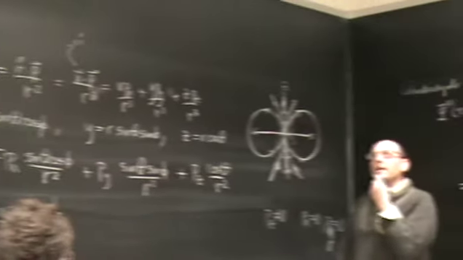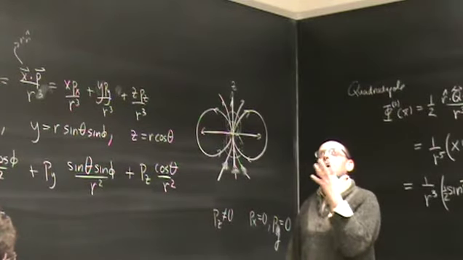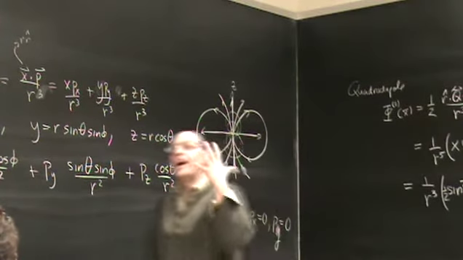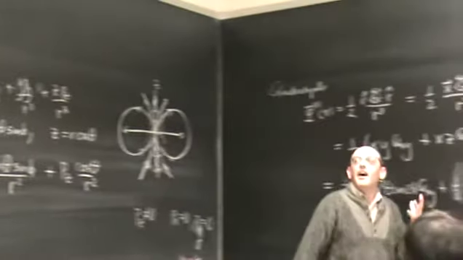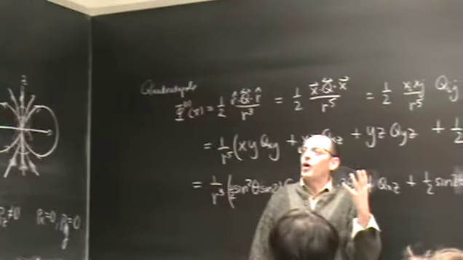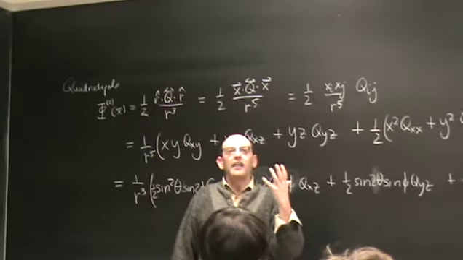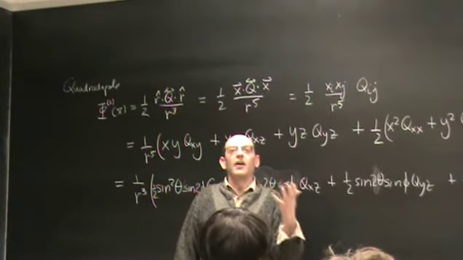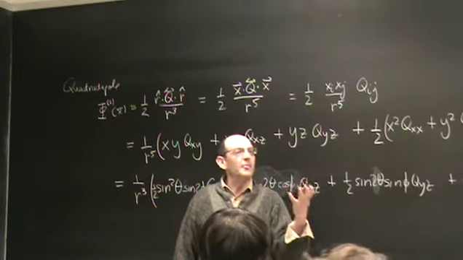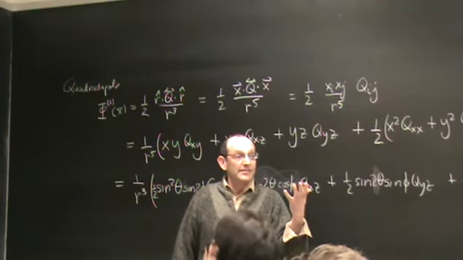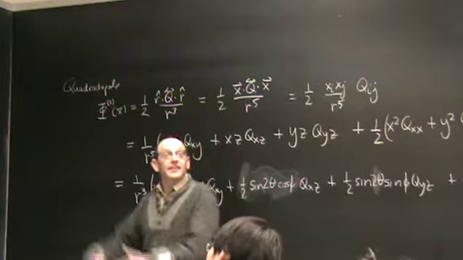Five independent components. No, that's not the 5 I'm thinking of. I'm thinking of the fact that there are 5 independent components for a Y_LM with L equals 2, because there are 2L plus 1 spherical harmonics, right? At L equals 1, there are 3 components.